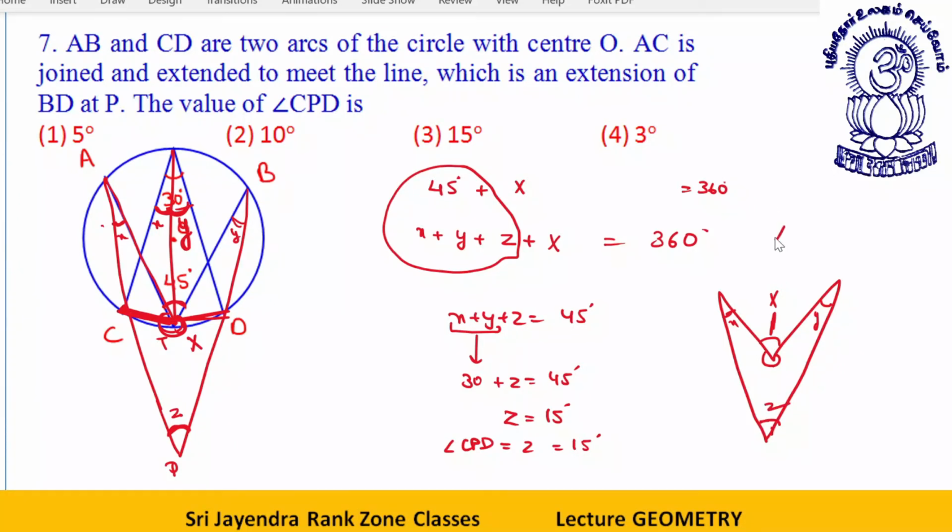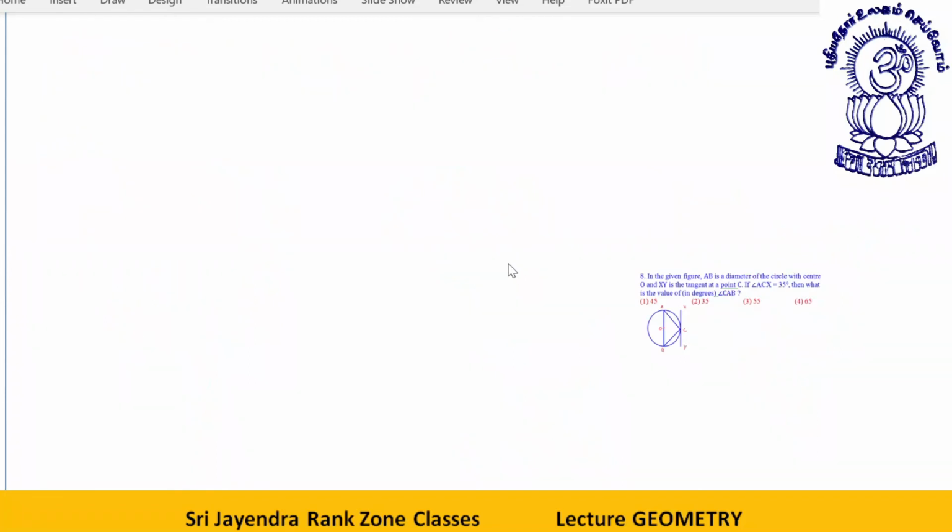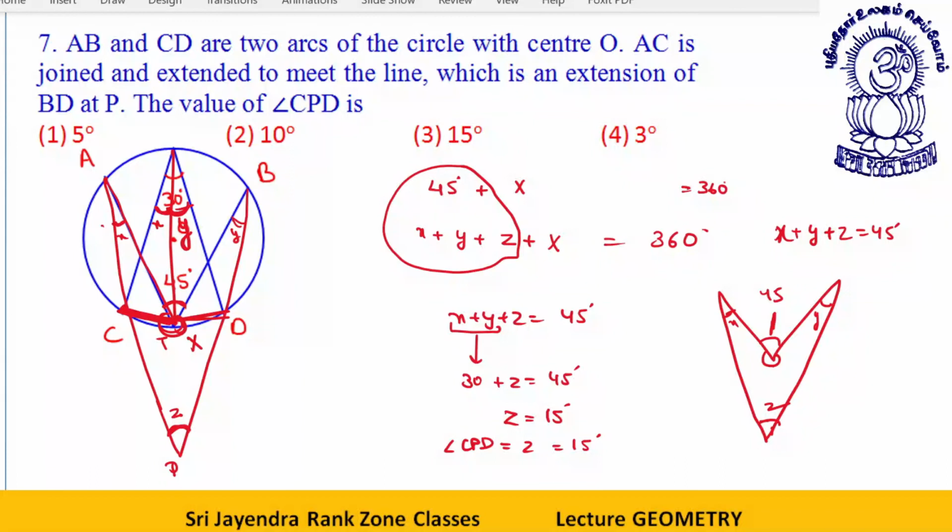This is the main concept that is being used. Let's say this angle is 45. So small x plus small y plus small z is equal to 45 degree. You can have a look over it if you want to before I proceed to the next one.